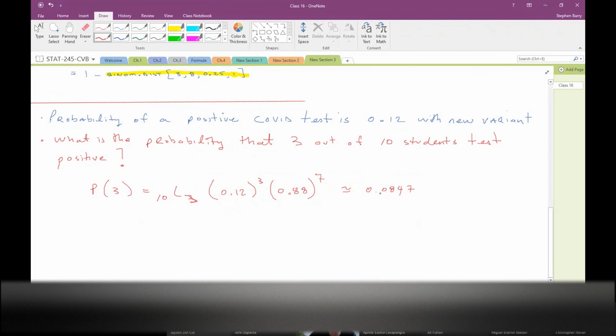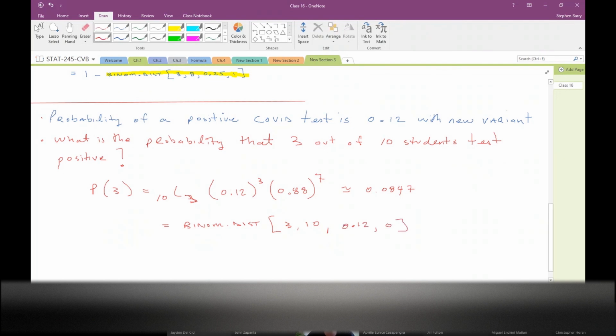You can just use your calculator for that. Or again, you could use the binomial distribution in Excel. Just make sure you remember it's the opposite: 3, 10, 0.12, and 0, because I just want exactly 3.